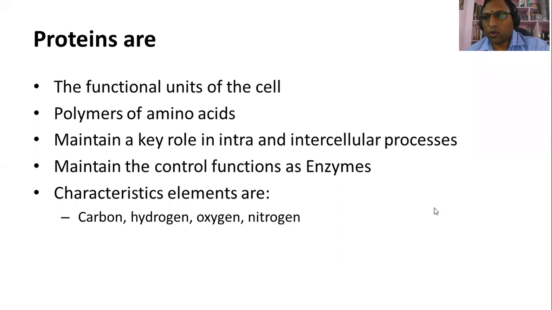And they maintain the control functions as enzymes, because for each metabolic activity or for any synthesis, enzymes act as catalysts, and they are part of the proteins only. The characteristic elements are carbon, hydrogen, oxygen, nitrogen. These are the characteristic elements which are present in a protein or polypeptide chain.